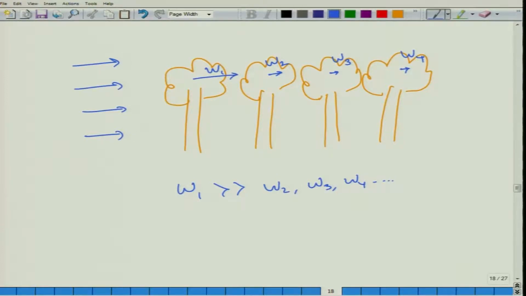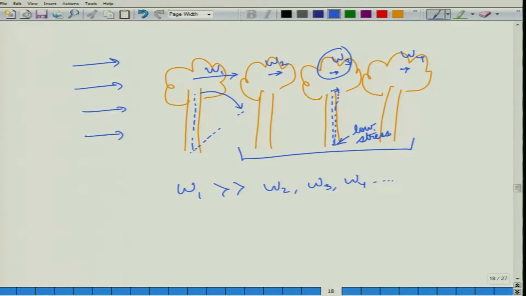Because the trees growing inside the forest face very little wind pressure, there is very little stress at the bottom. So, we will have low levels of stress at this point as compared to the very outer trees.